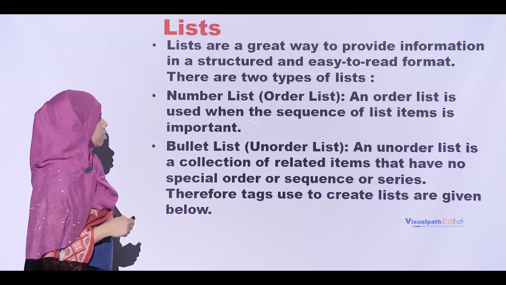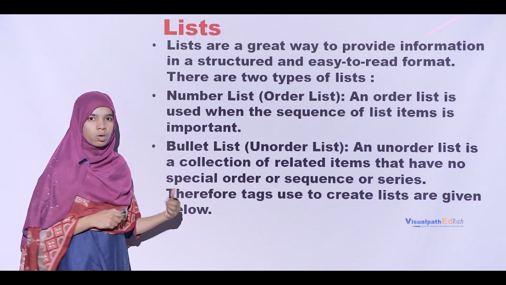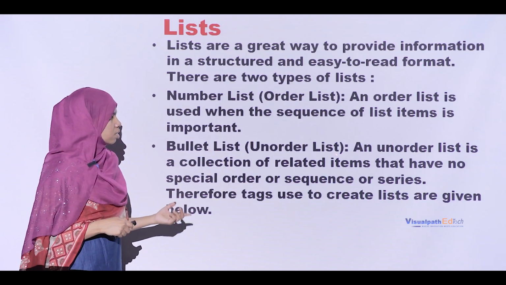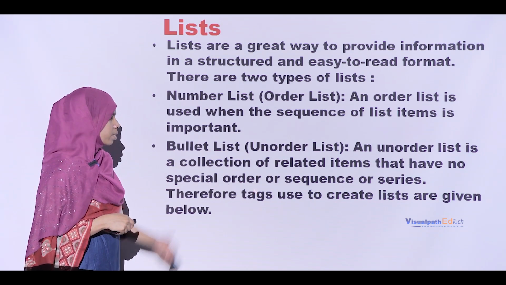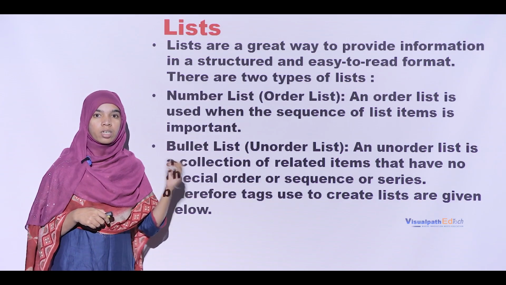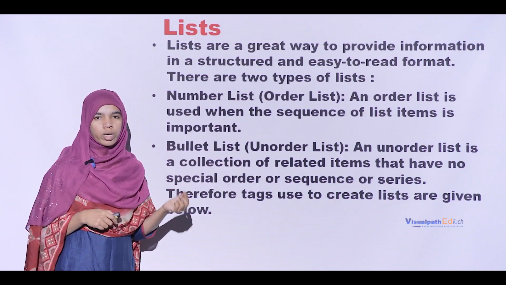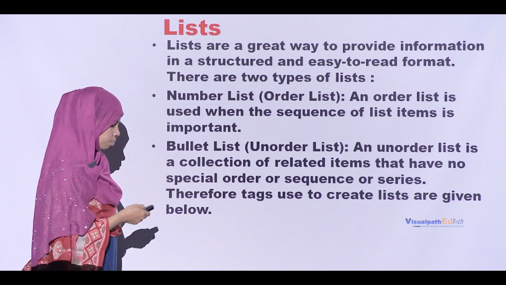In the number list, sequential numbers will be given either in alphabetical order or numerical numbers. Whereas in the bullet list, you will not be using any ordering, but you will use the sequence in the form of a disc symbol, circle, square shapes, or any other shapes given in the list of the browser.